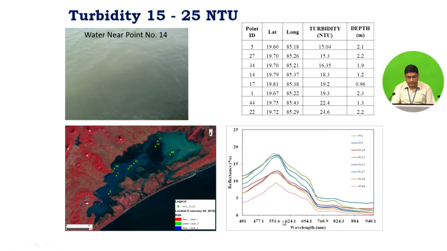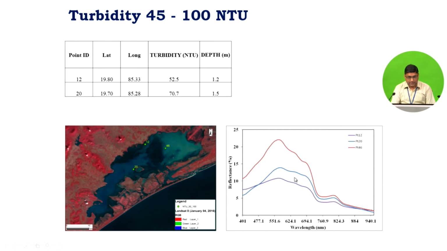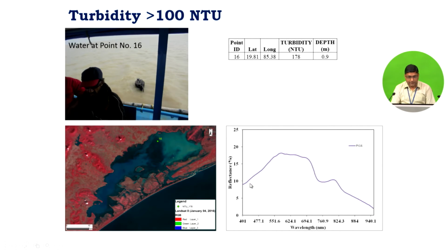Again you can see that the reflectance is increasing in red region with the increase in the turbidity. Similarly, this is the spectra corresponding to 25 to 45 NTU turbidity, and this is the spectra for 45 to 100 NTU, and finally this is the spectra of turbidity more than 100 NTU.